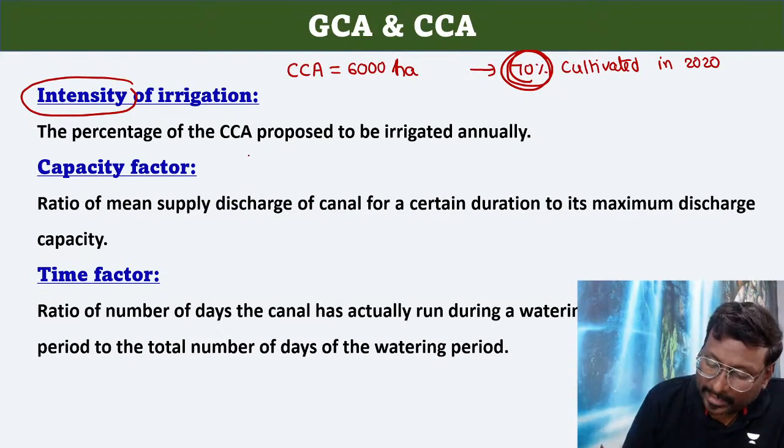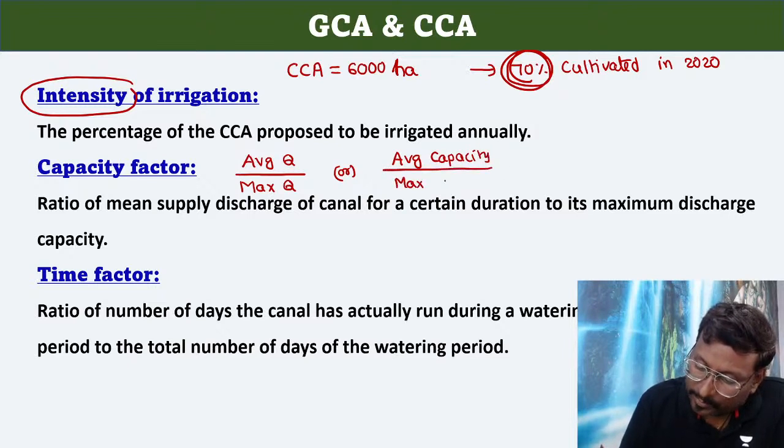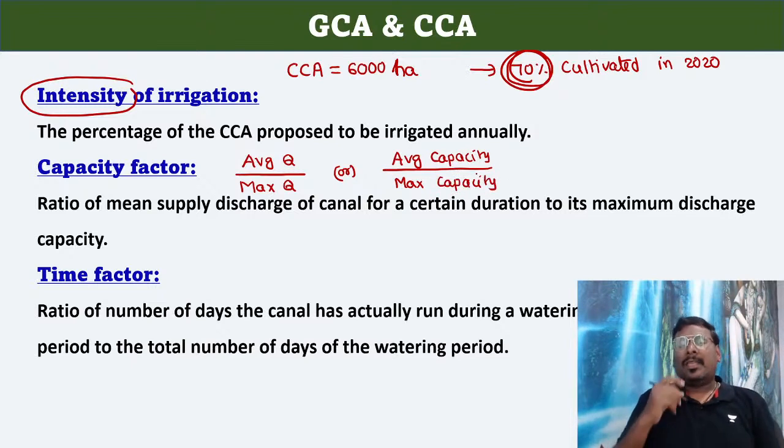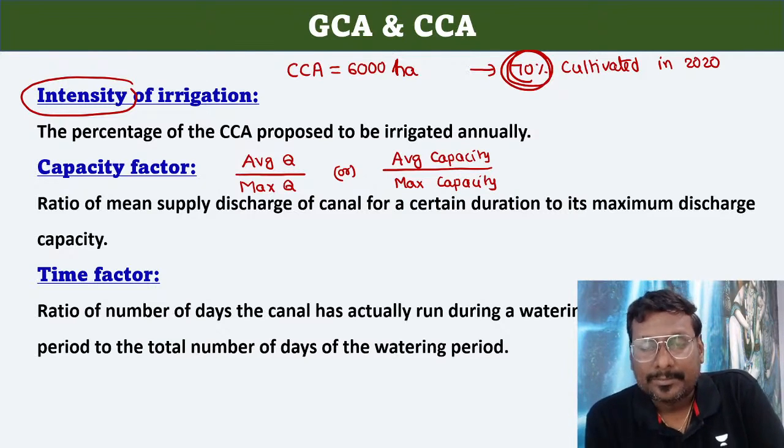Now the capacity factor, in simple terms, I will simplify it: average discharge upon maximum discharge, or average capacity upon maximum capacity. We can say actually occurring capacity by design capacity.